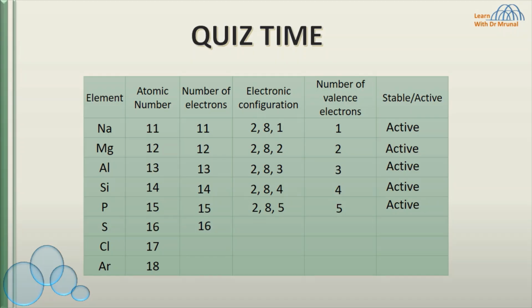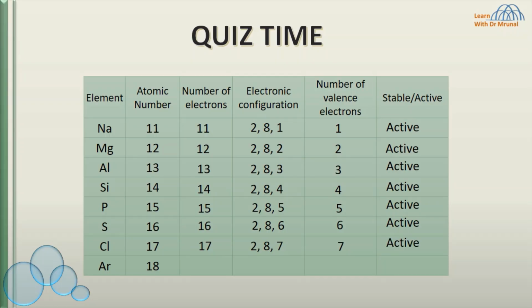Sulfur, it is having 6 electrons and it is also active. Chlorine, how many valence electrons are there? Correct, there are 7 valence electrons and it is also active. Why it is active?